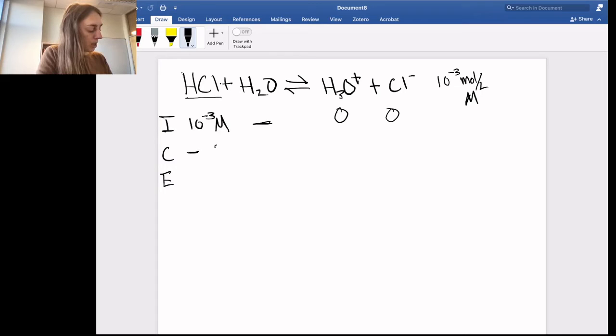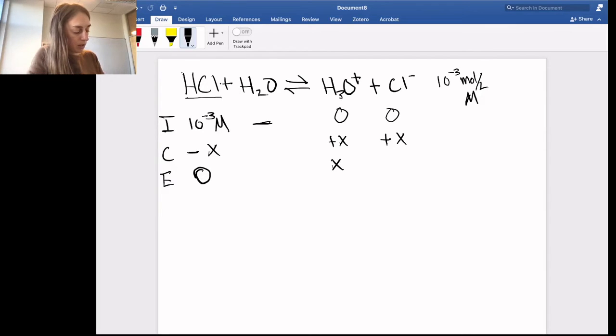So we are losing X moles here and gaining X moles of chloride and hydronium ions. Again, we know at equilibrium all of our hydrochloric acid has dissociated, so that is a 0. If we work through this math, 0 plus X is just X, and same thing with the chloride, 0 plus X is X. So we don't even need a Ka here.